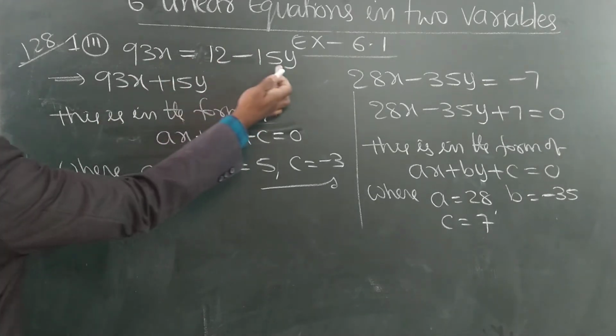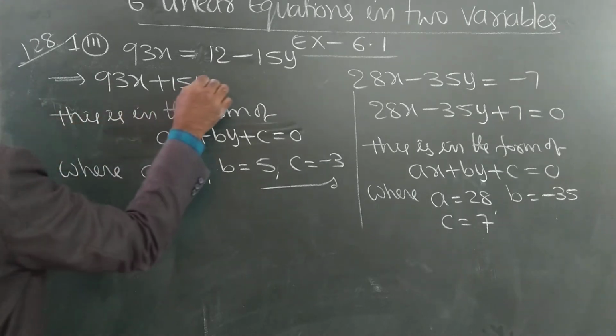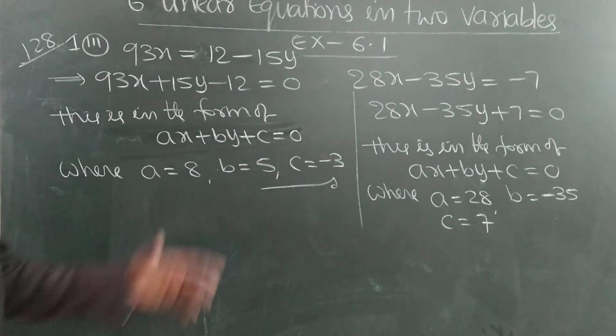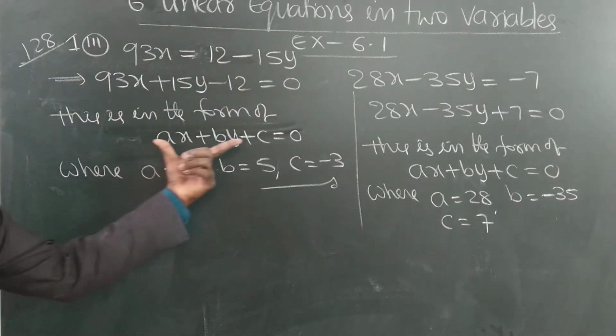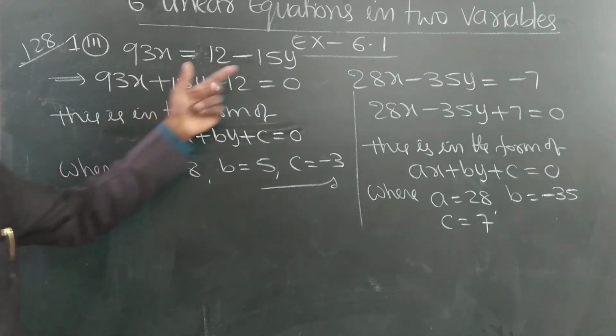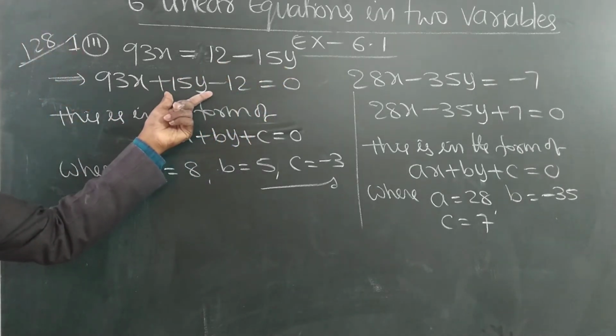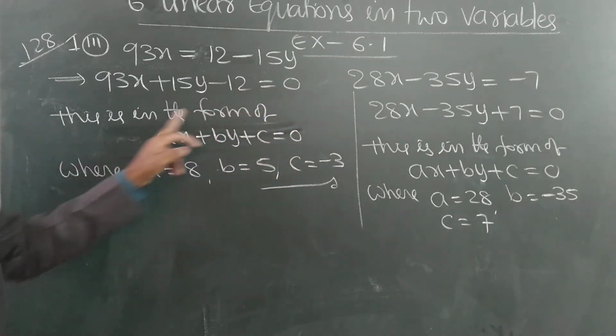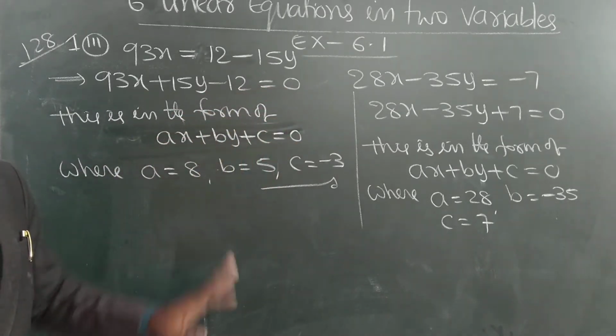After x, first next y, plus 12 right side, left side minus 12. That's all. Bring all the terms to the left side because it should be in this form. Right side only 0. So 93x, minus 15y this side plus 15y, plus 12 this side minus 12 is equal to 0. This is in the form of ax plus by plus c is equal to 0.